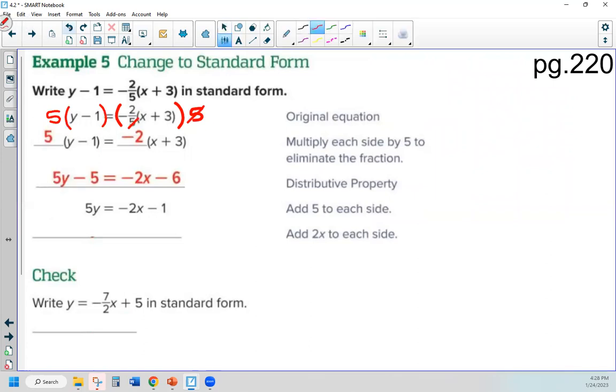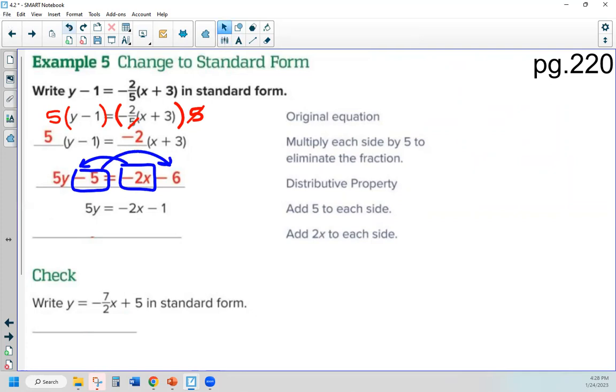Next, what's the next step? Well, the next step is to get our numbers where we want them to go. Remember that we want to get this right here to the other side, and we want to get this right here to the other side. How do we get that -5 to the other side? We have to add 5 to each side, right? That's a property of equality.